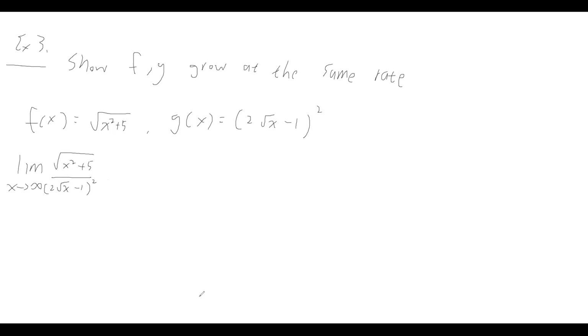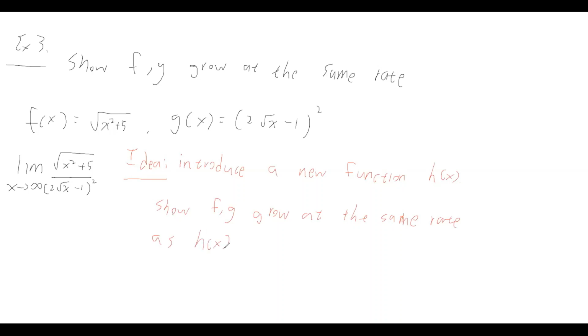So the idea that we're going to use is that we want to introduce a new function, let's say h of x, and then we want to show that both f and g grow at the same rate as h of x.